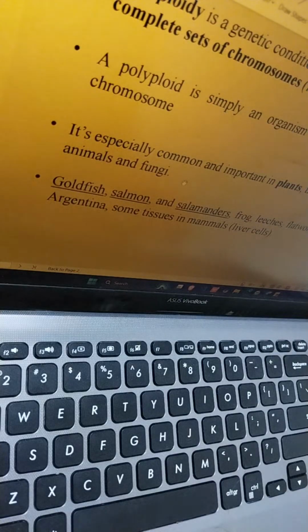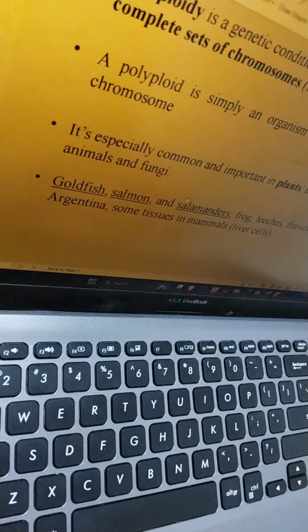Polyploidy is simply an organism with more than the usual two sets of chromosomes.